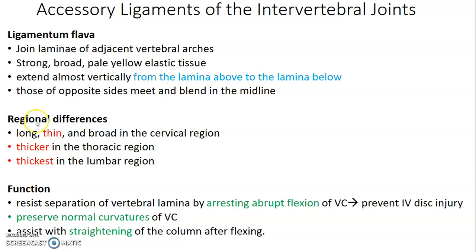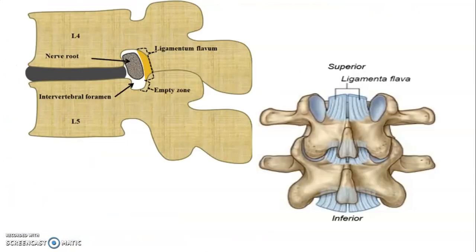They also help to preserve the curvatures of the vertebral column, as well as assist in straightening the column after flexion.